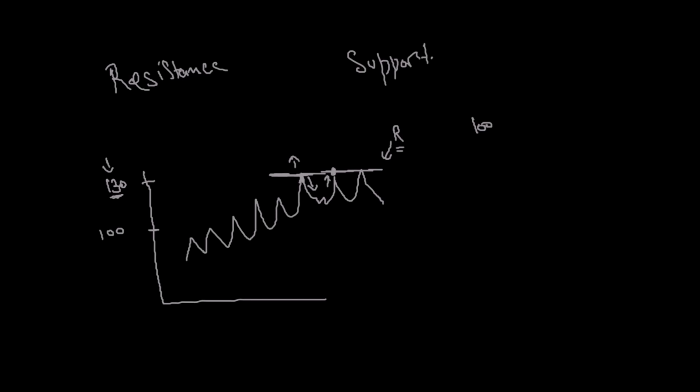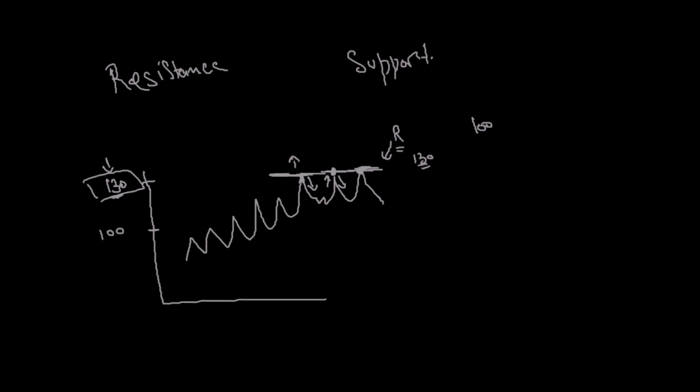People will start again to think that Reliance is not worth 130, and it will again start to go down. Third time again, it tried to breach 130, but it was not able to. Now this means that there is something at this price. People start thinking that 130 is a price which Reliance should not break.